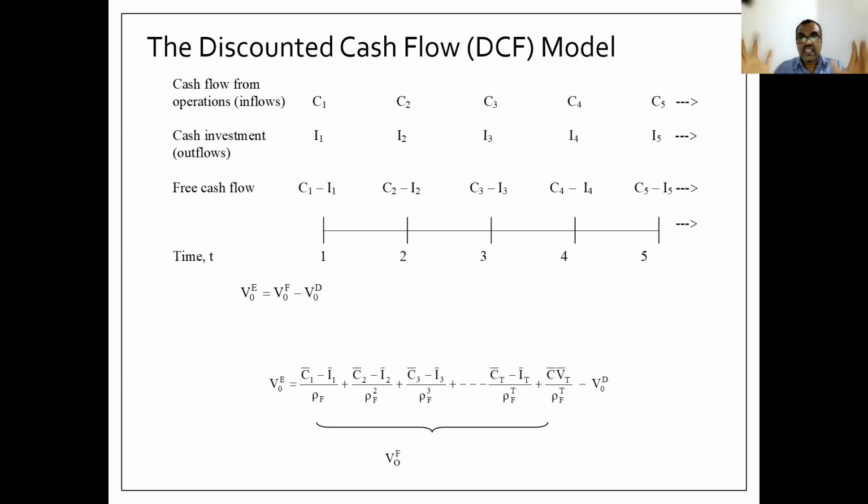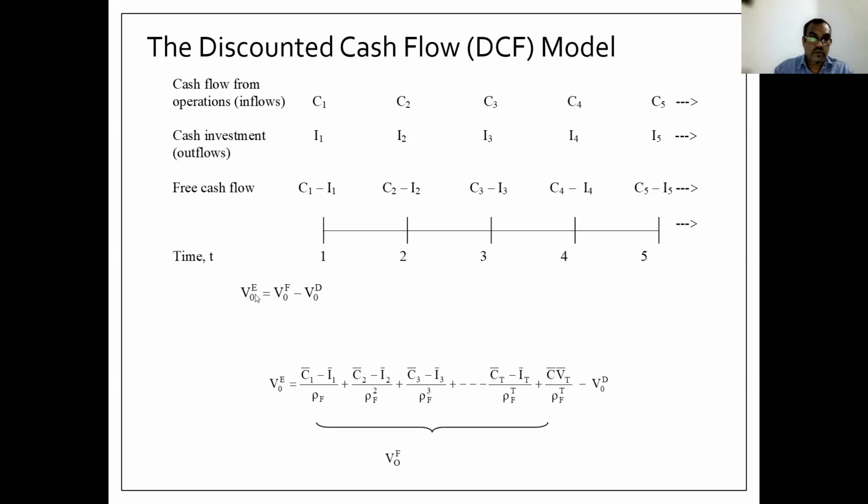Since we have two types of cash flows, cash flows within the explicit time period and cash flows within the implicit time period, we discount them, calculate the present value separately, combine them together and determine the value. So this is how strategic valuation is going to be done.